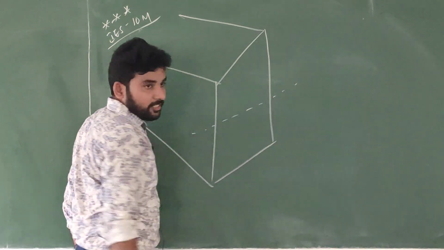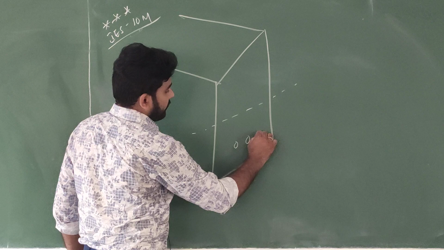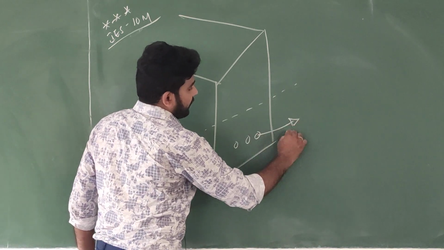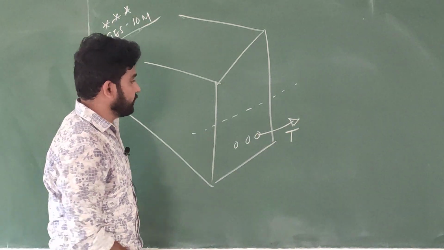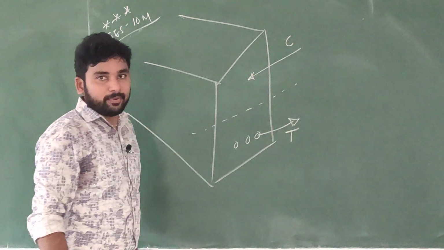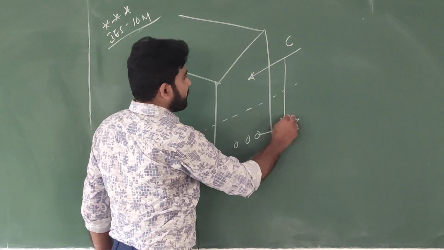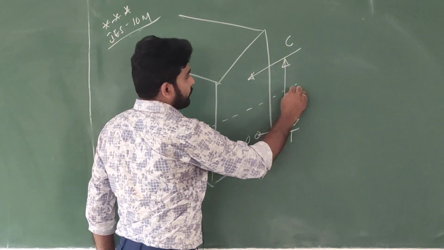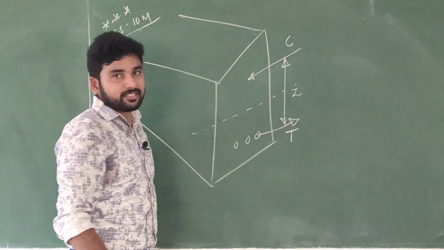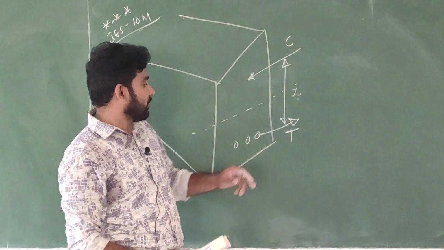Already we know that this is the neutral axis, and here tension will develop in the tension zone, and compression will develop in the compression zone. And this distance between the compression and tension, what is this? Lever arm. How to find this lever arm?